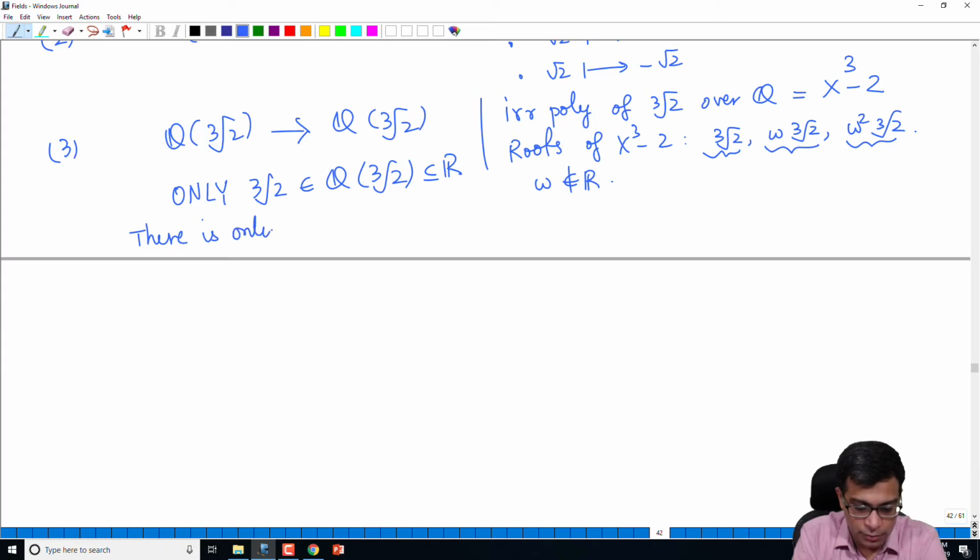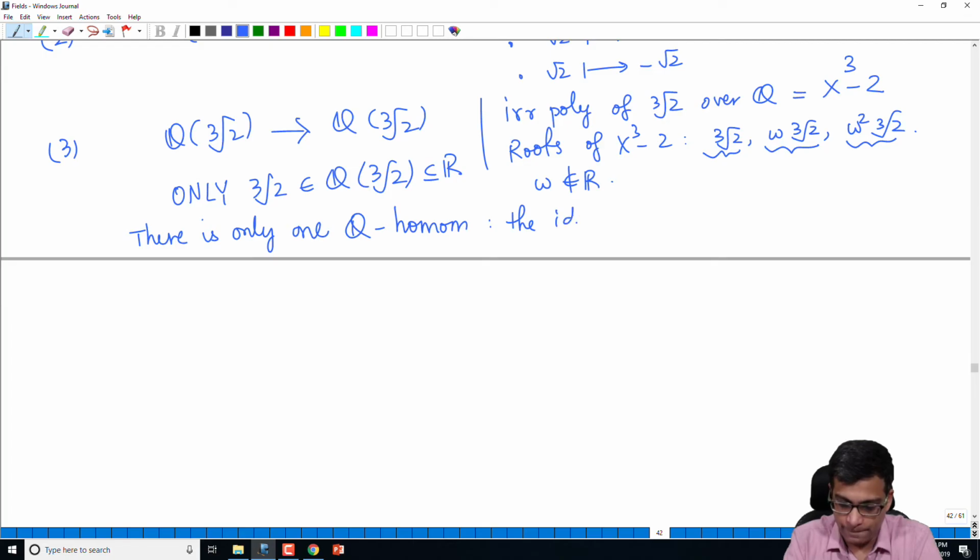There is only one Q homomorphism here, which sends cube root of 2 to cube root of 2. This is the identity map because Q is fixed and cube root of 2 goes to cube root of 2. So this is the identity homomorphism.